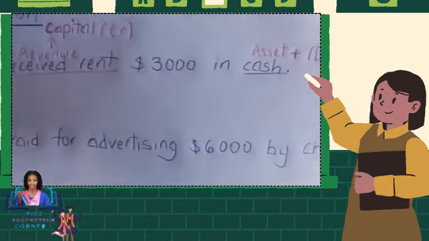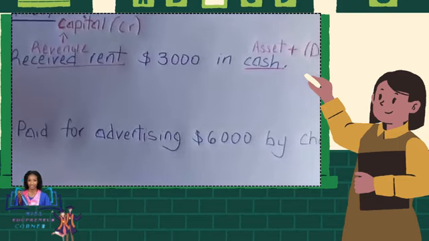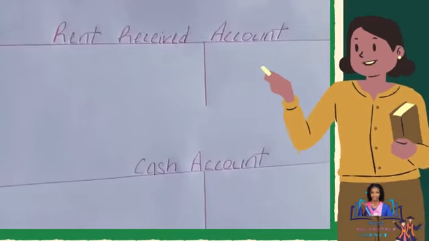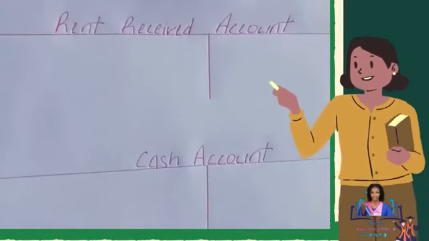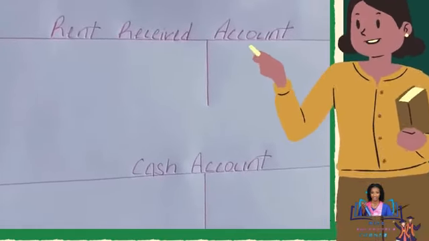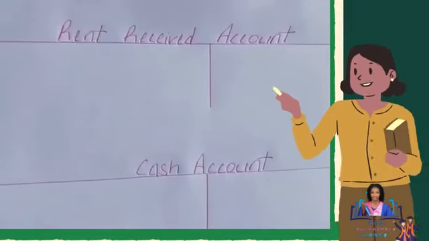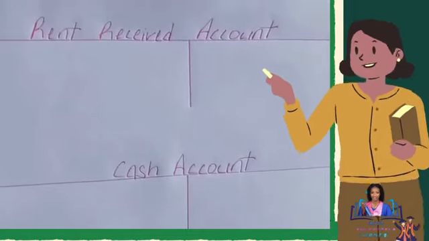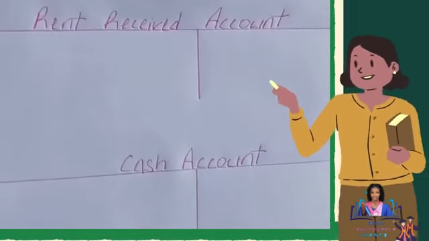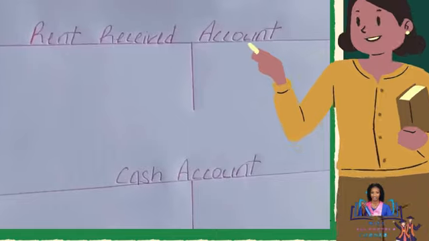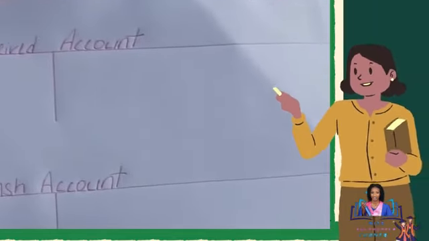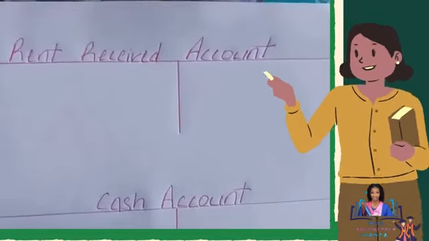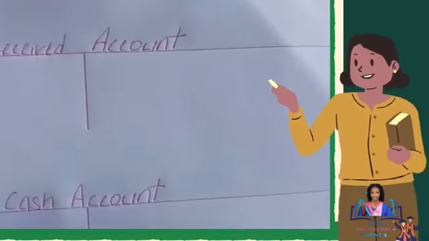Now we're going to reflect this transaction in the T accounts. Rent received is a revenue account, and revenue increases capital, and as capital increases, we make a credit entry. So revenue accounts are always credited to show an increase in capital. We come to the credit side of the rent received account, and we're going to make that entry.